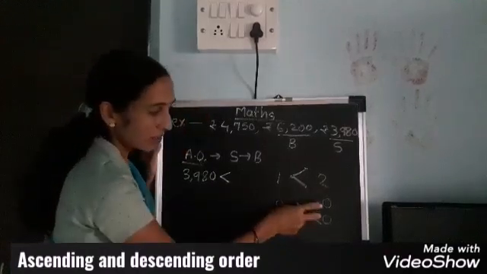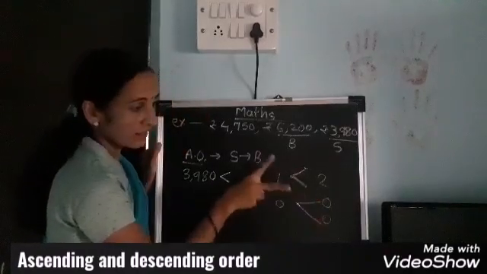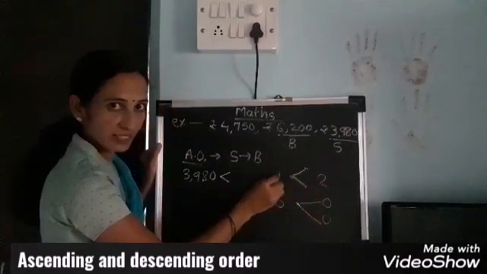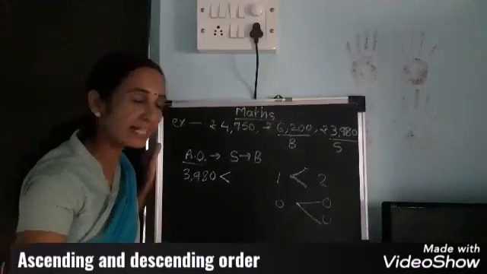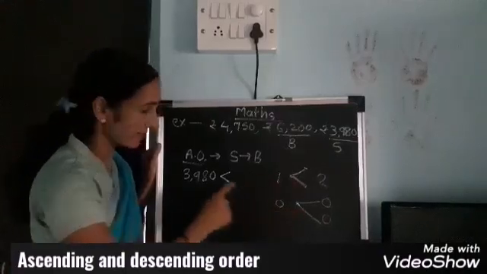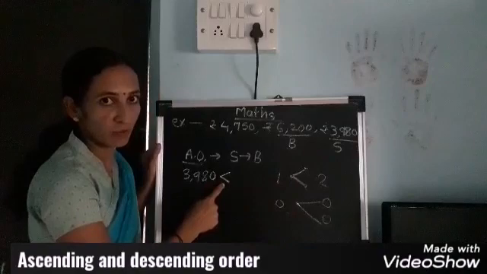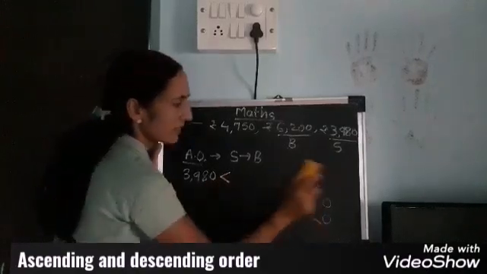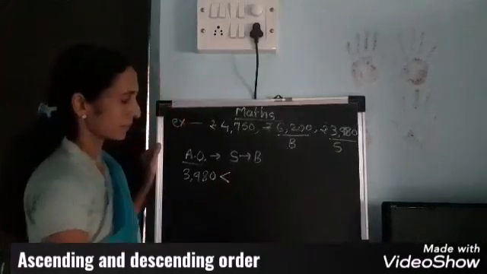That means it needs more place. Here 2 ends towards the bigger number, 1 end towards the smaller number. In this way you have to keep in mind, it is one trick to understand the use of this symbol. It is called smaller than or lesser than.